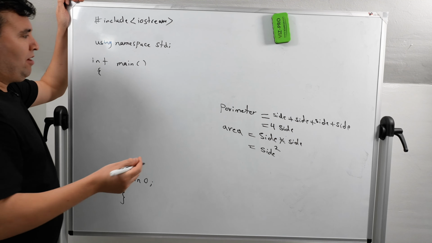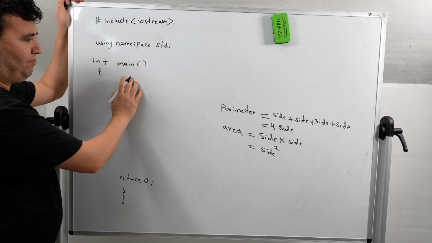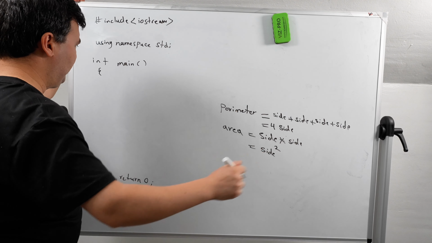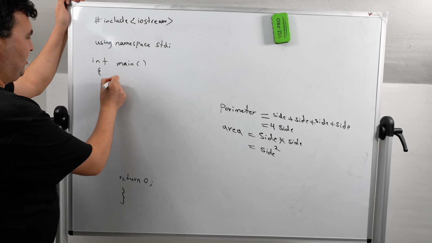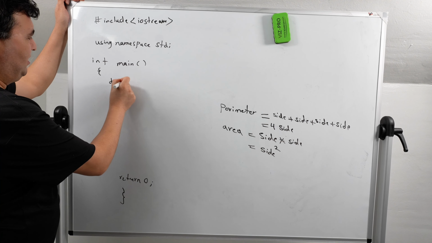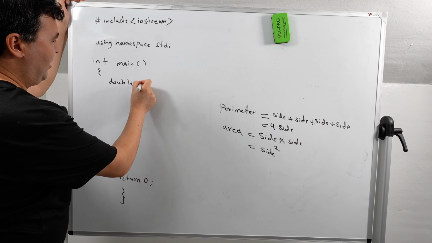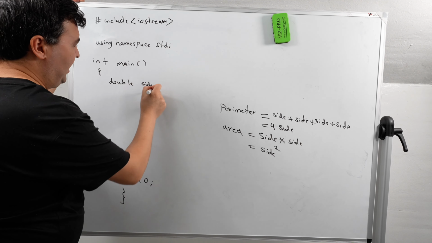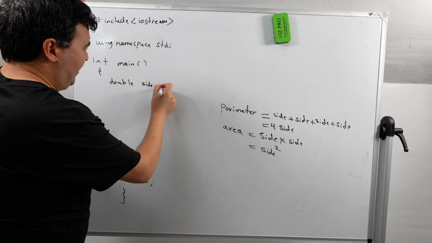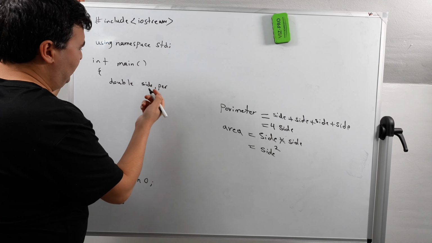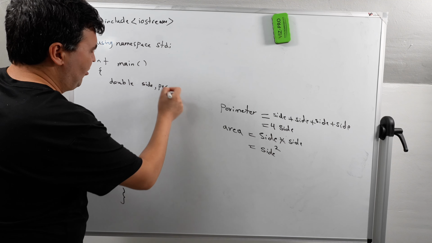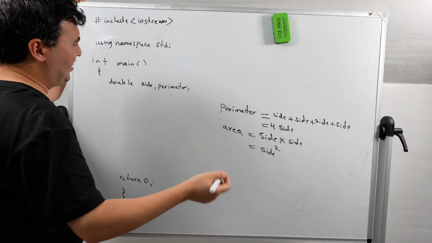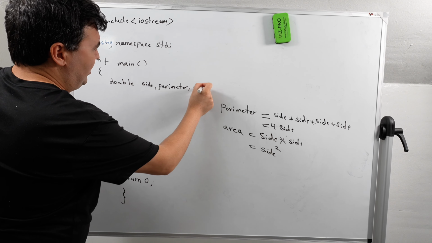If I want to calculate the area and perimeter of this square, I need to define some variables. First I define double side, because I need to get this side from the user. Then I declare another variable called perimeter, and then I declare another variable which is area.